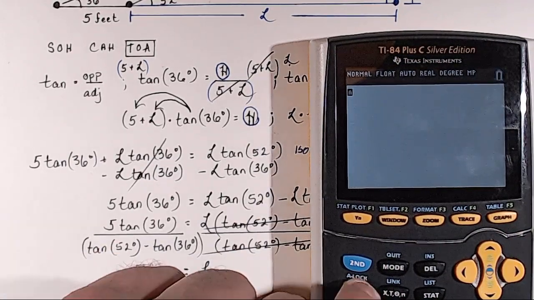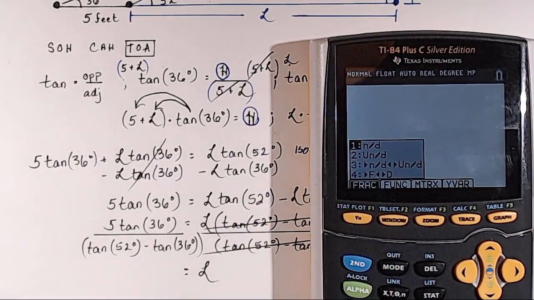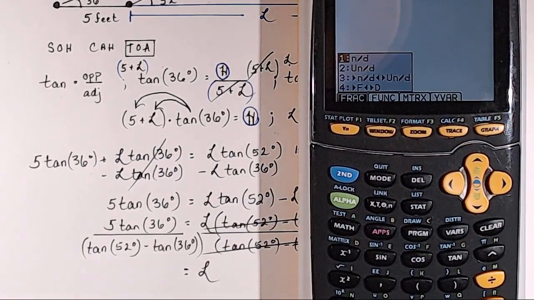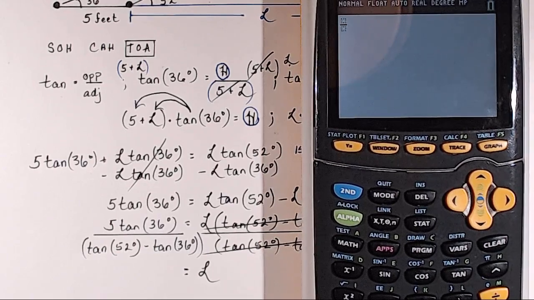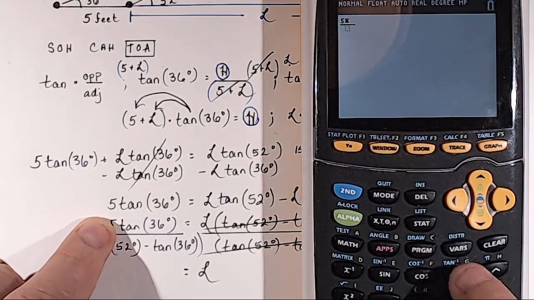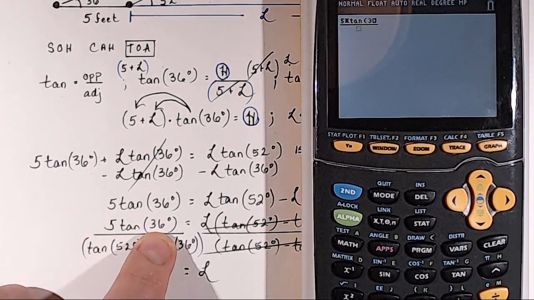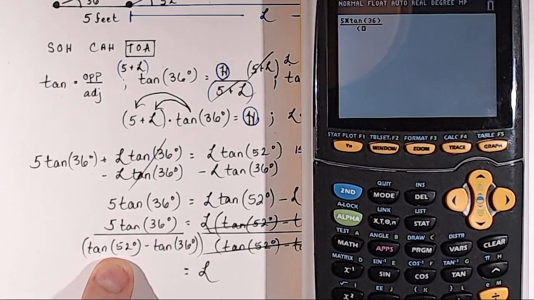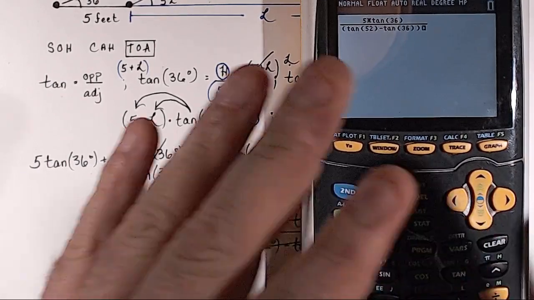And now what we'll do is try to make it look exactly like what you're going to see there. Hit alpha y equals and then enter, so we get this fraction entry. And we'll type 5 times tan of 36, close parentheses, over, open parentheses, tan of 52, close parentheses, minus tan of 36, close parentheses, and close parentheses. That's the whole thing now.